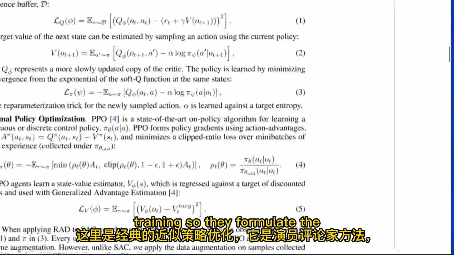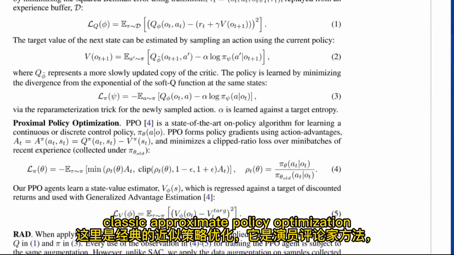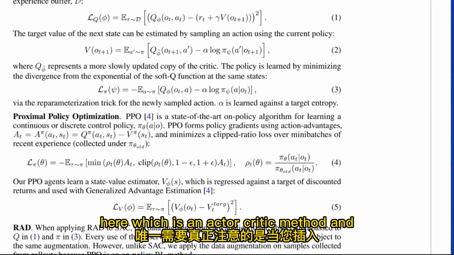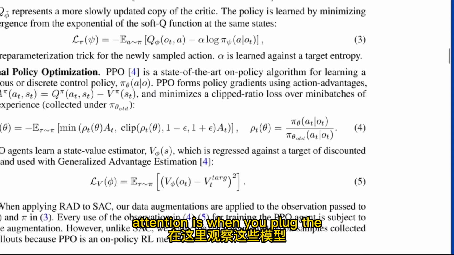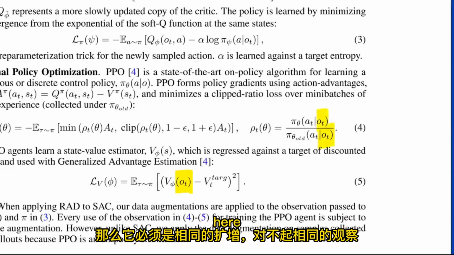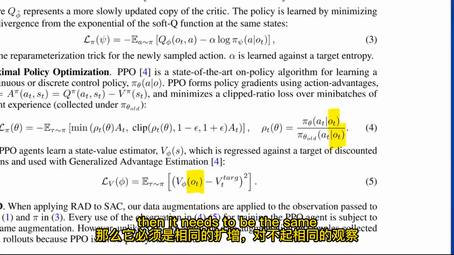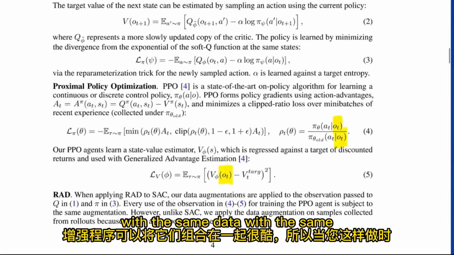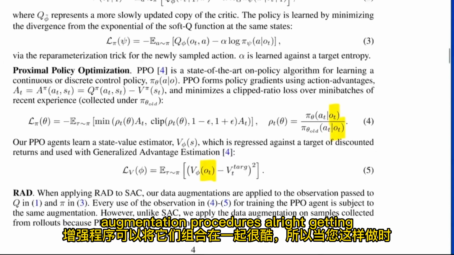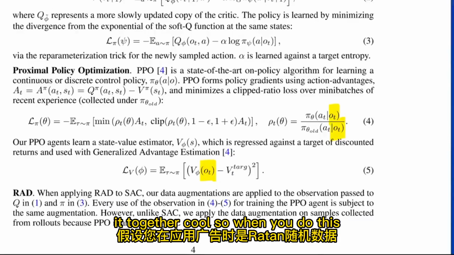So they formulate the classic proximal policy optimization here, which is an actor-critic method. And the only time you have to really pay attention is when you plug the observation into these models here, right here, then it needs to be the same augmentation. Sorry, the same observation. So that means the observation augmented with the same data, with the same augmentation procedures. All right, getting it together. Cool.